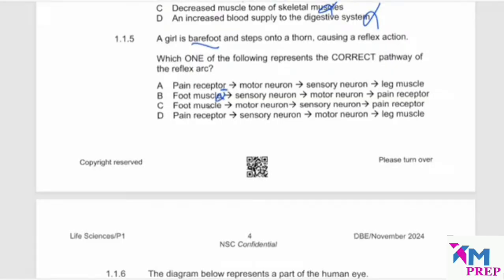You can't start with the response before you get the stimulus. So anything which has the pain receptor as the first becomes the first answer. Then you go to the sensory neuron, not motor neuron, so this one also goes out. You see the elimination method. So the answer becomes D: pain receptor, sensory neuron, motor neuron, and then the muscle in the leg.